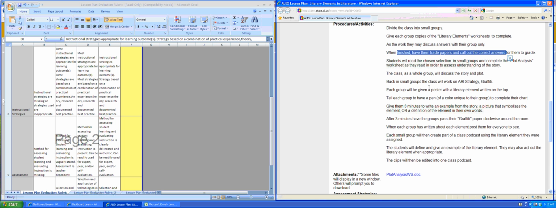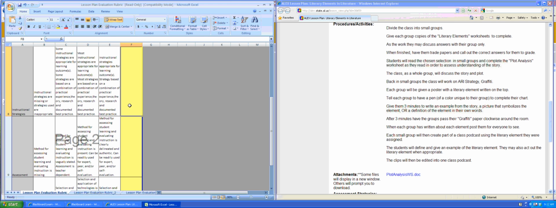Ultimately, they have to create a podcast that will be used as a part of the class. So you read the entire instructional activities and decide whether the strategies used are appropriate or not. And in this case, I may say that there was a great combination of different instructional strategies used, and therefore I would give them a score of a 4.